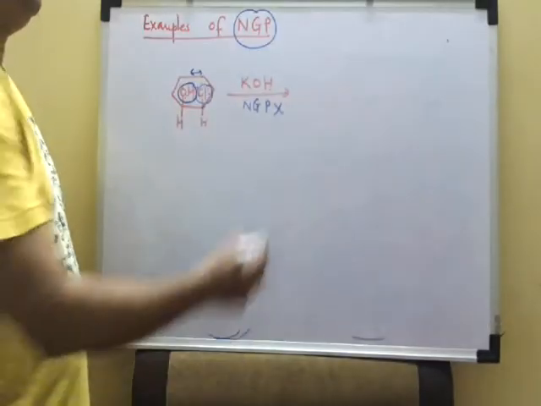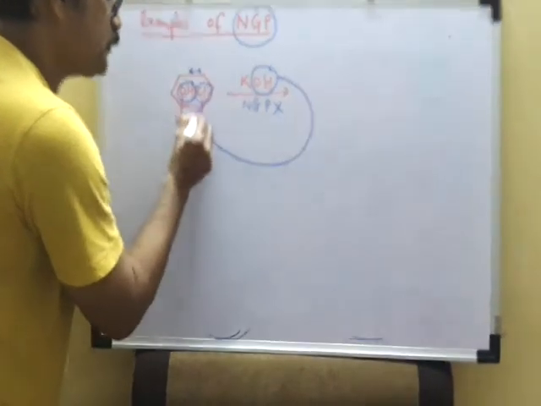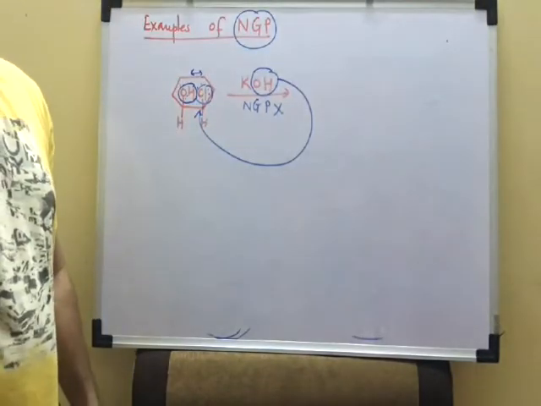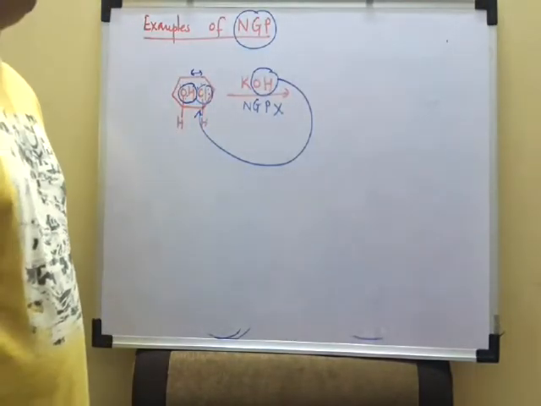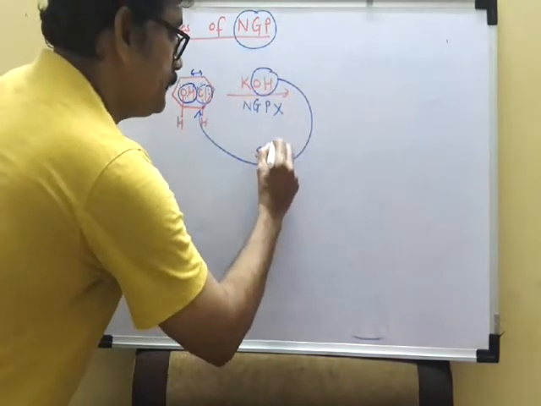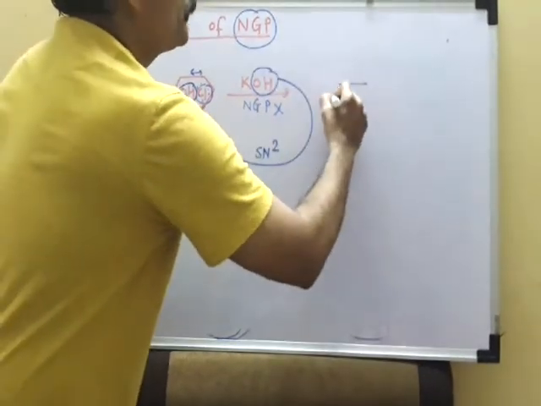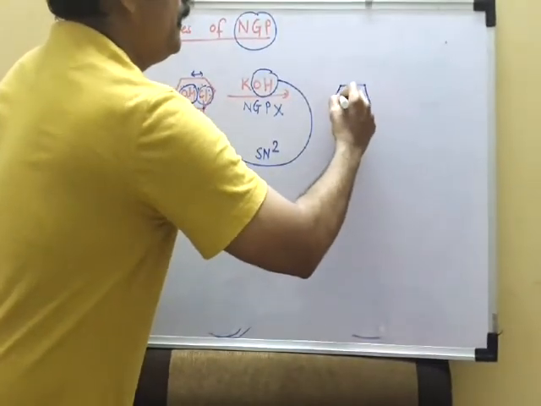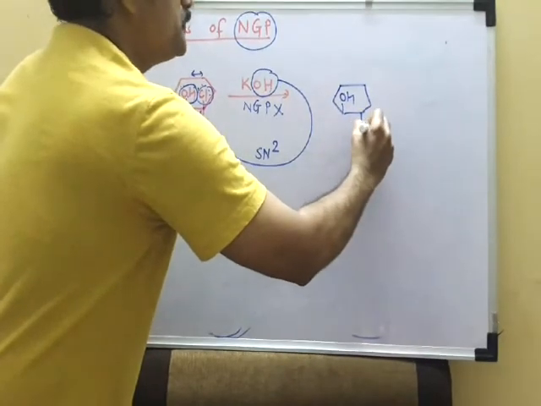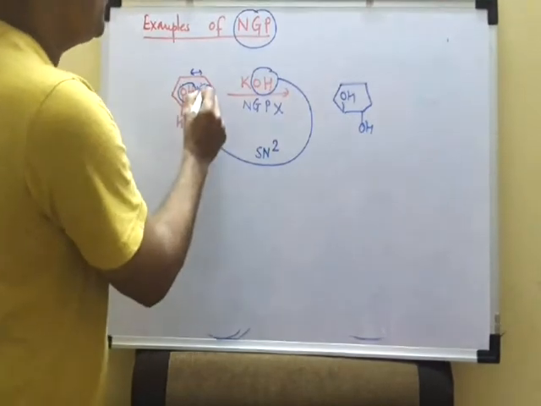NGP is not possible, but this OH can attack from backside. So external nucleophile is ready to attack. The rate of the reaction will be normal. It is not abnormal. It is not more. So instead of NGP, it will follow the normal SN2 path, and we'll get here this kind of product. So there is actually inversion in configuration.